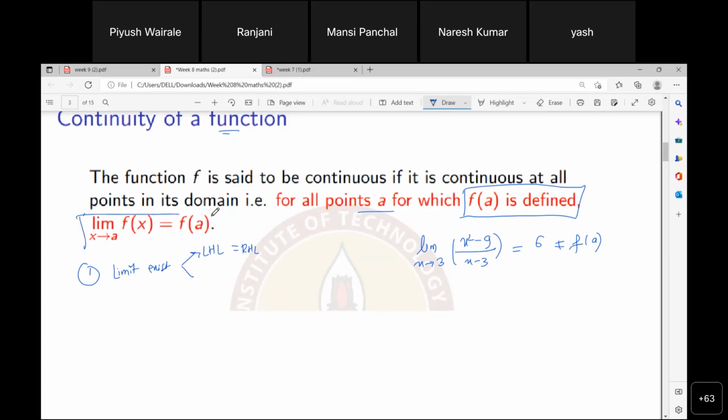Then the limit must exist, meaning left hand limit must be equal to right hand limit, and then we're going to use this in order to solve the problems. So please remember this point. That's all. Let us solve a few examples.